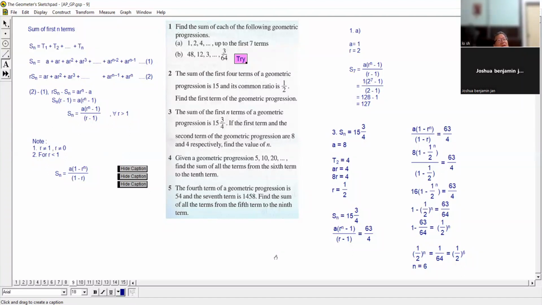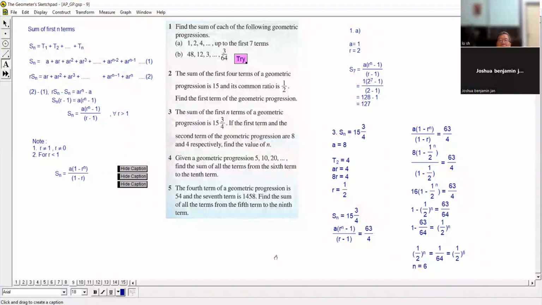Did they say find the sum of first n terms or not? No. So our formula for the sum of first n terms cannot be applied directly. You cannot apply directly, but you have to apply indirectly. That is one thing that makes it different from other questions.